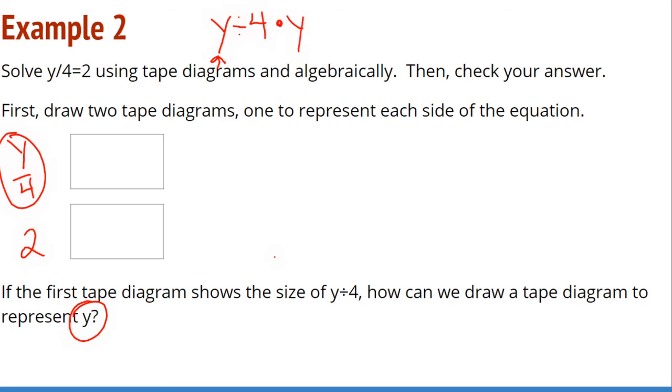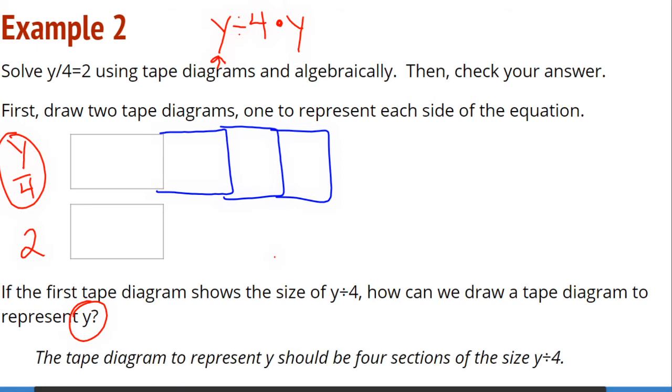So I need to add more boxes onto my tape diagram. I'm going to need 4 sections. Each one of these is 1/4 or y divided by 4.